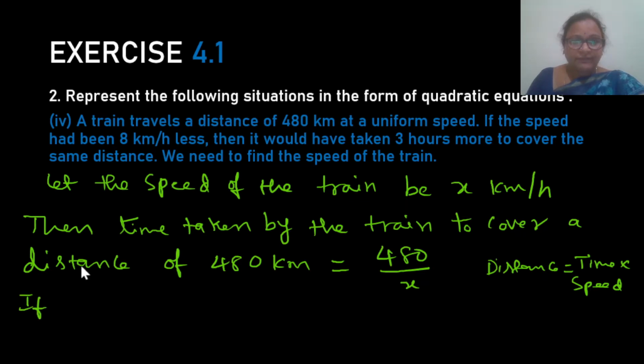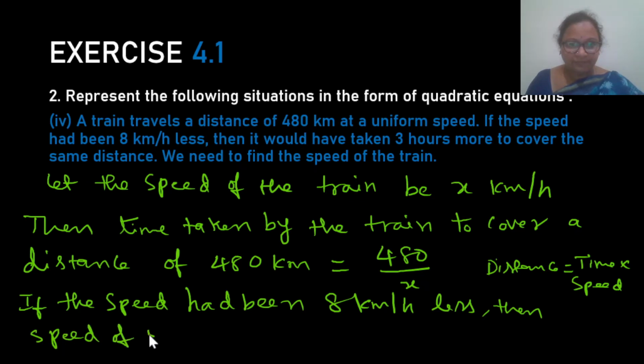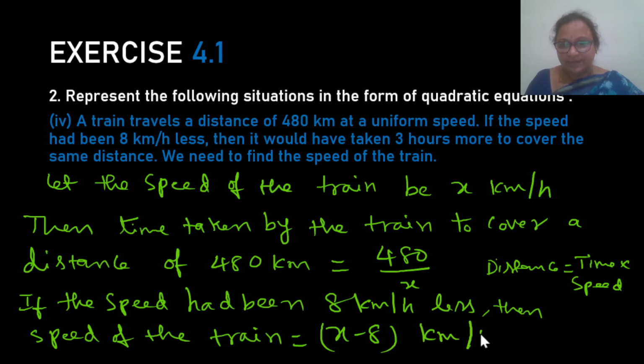If the speed had been 8 kilometers per hour less, then speed of the train is equal to x minus 8 kilometers per hour.